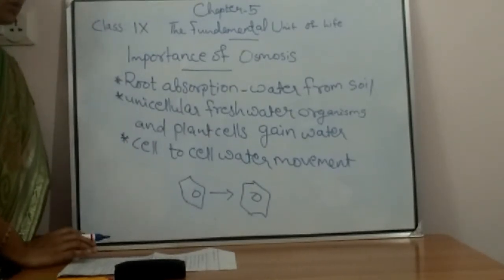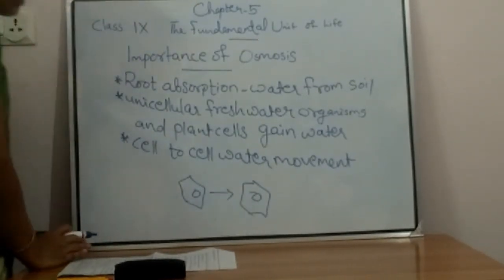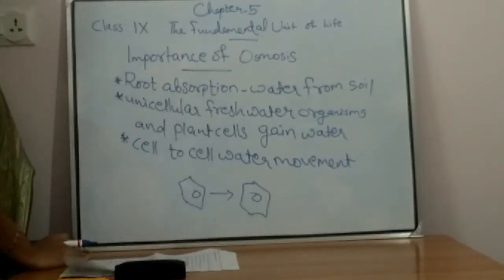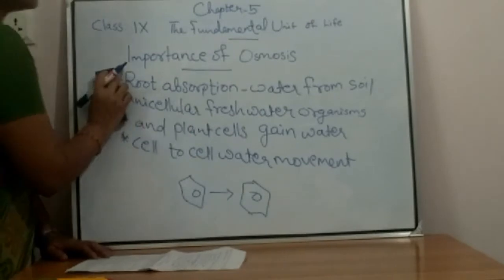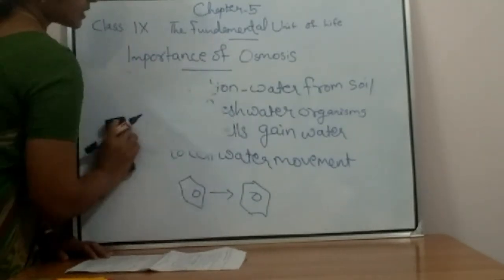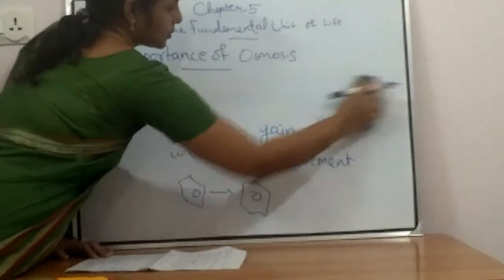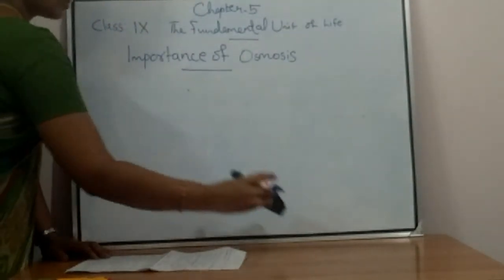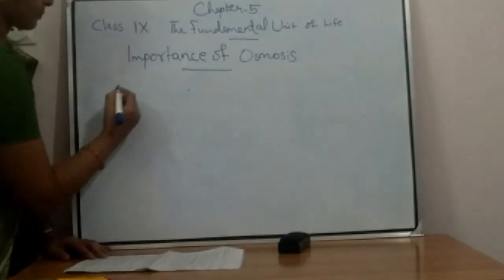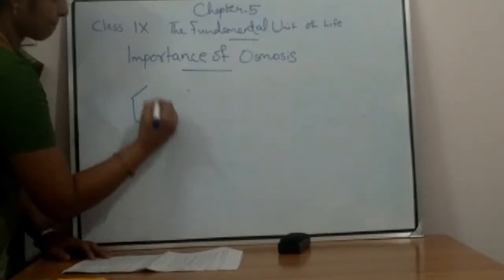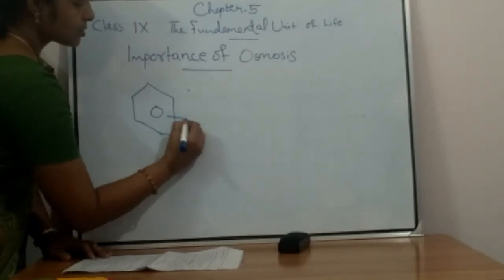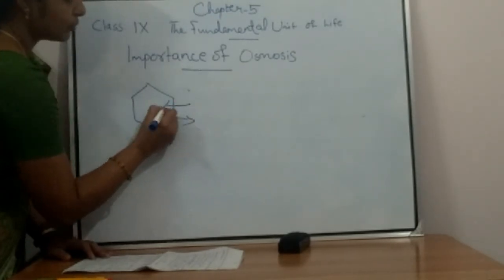Then for the movement of some molecules both in and out of the cell, that requires energy, that type of transportation is known as active transport. You know that cells, suppose this one is a cell, some molecules will move out, some molecules move in.